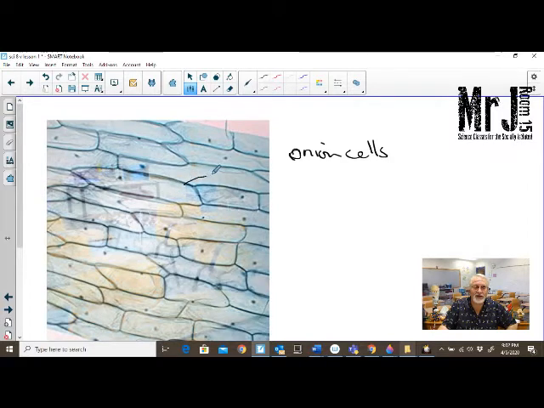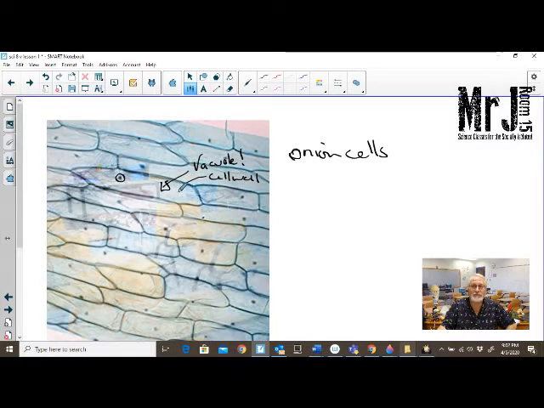So these dark lines, that's going to be the cell wall. And so you can see that cell wall defines nicely the cell. These almost look like bricks that are stacked together or stones that are stacked together, and that's really what they're like. This here would be the nucleus, really small. They don't take them all up. And then what we see else in here, this would be our vacuole.